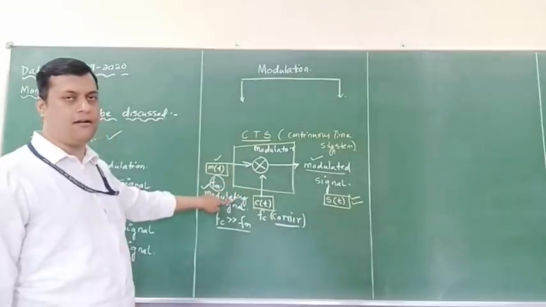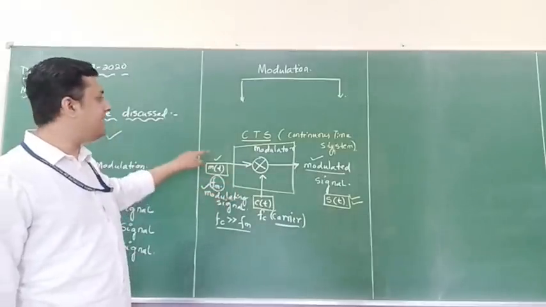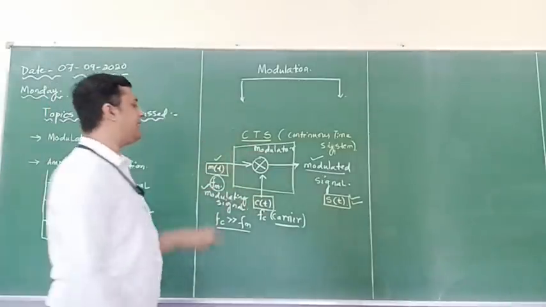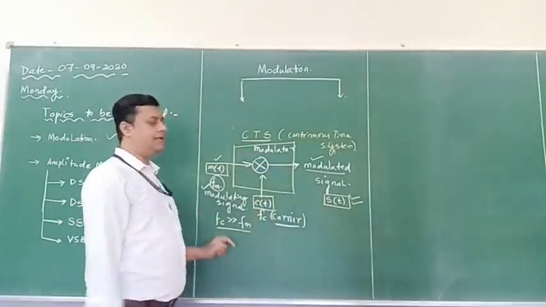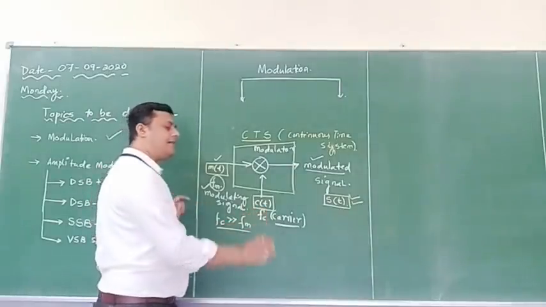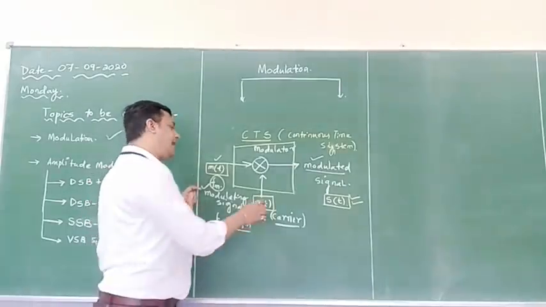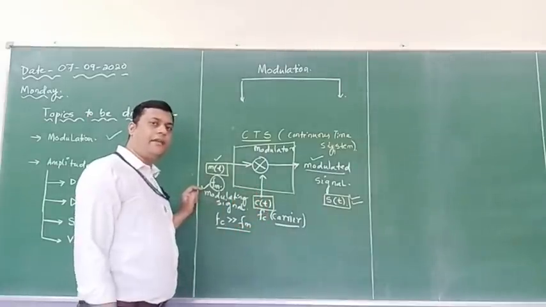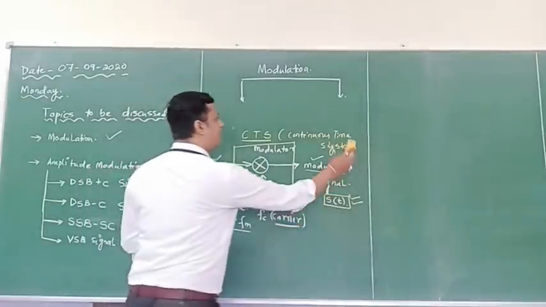Similarly, phase is called phase modulation, but that depends upon the characteristics of the carrier. Here we have considered the carrier to be a continuous signal, continuous in nature, which means it will come under continuous wave modulation.